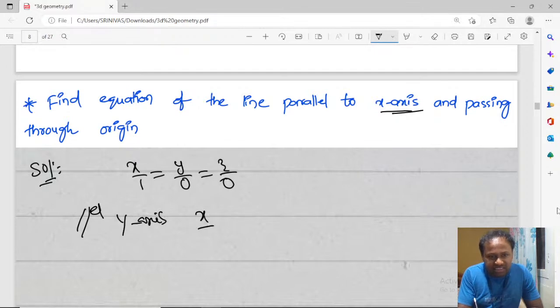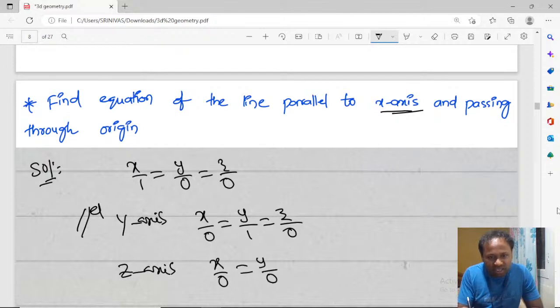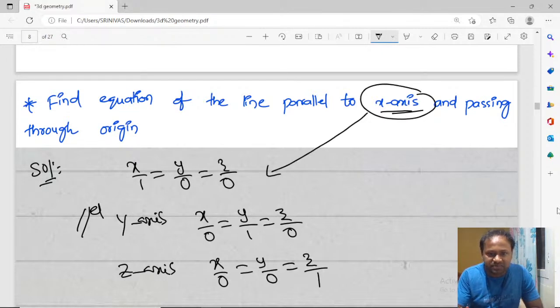Parallel to y-axis is x by 0 is equal to y by 1 is equal to z by 0. Parallel to z-axis is what? X by 0 is equal to y by 0 is equal to z by 1. Okay? So, in any method given, x-axis means this problem, y-axis means another one, z-axis means another one. So, three problems at once came.